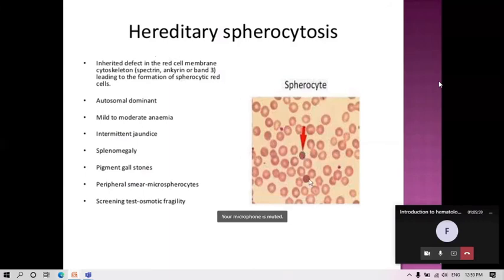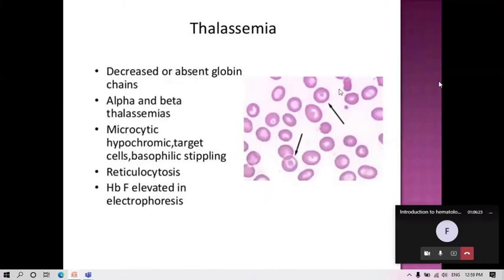If we are seeing these spherocytes, then we will think whether it is because of autoimmune hemolytic anemia or hereditary spherocytosis. Then we will advise the patient for the Coombs test or other tests for confirmation of the particular diseases.